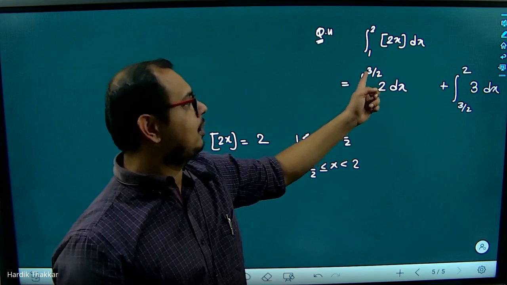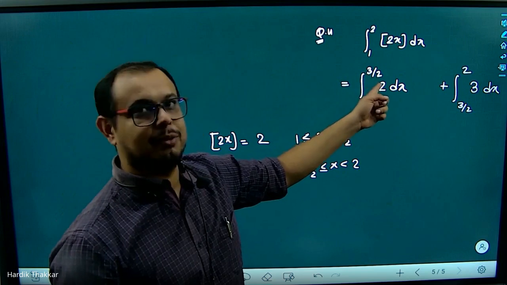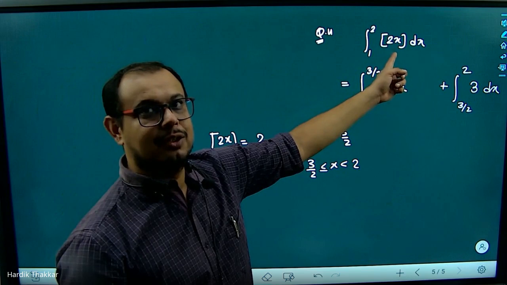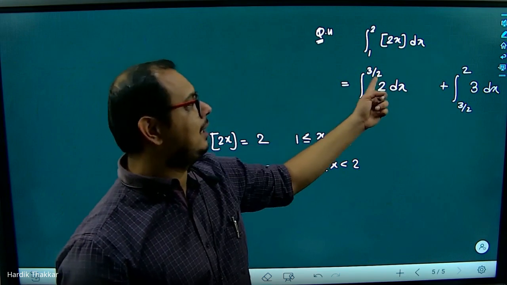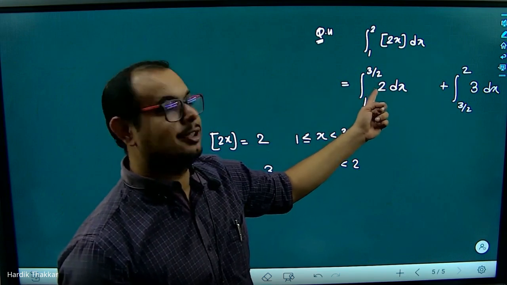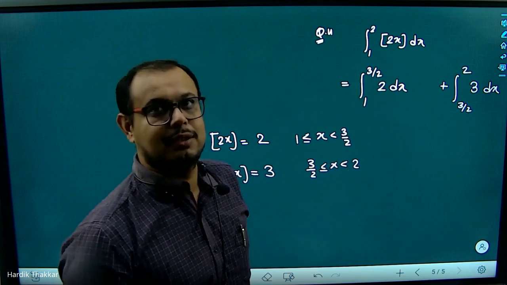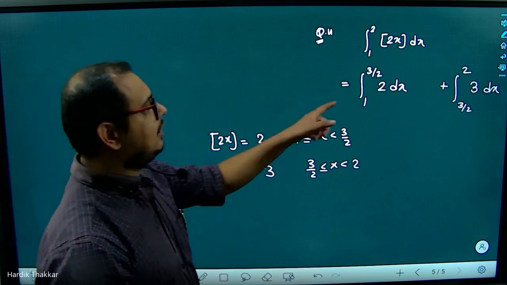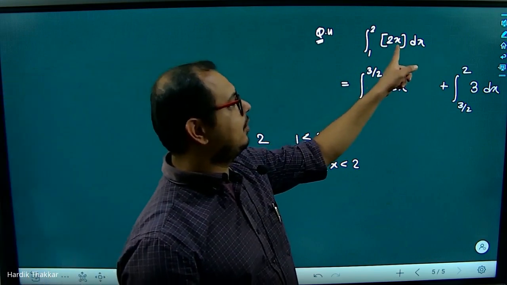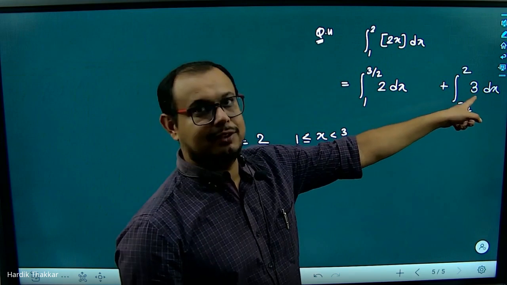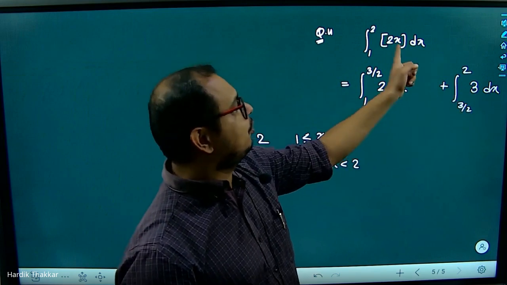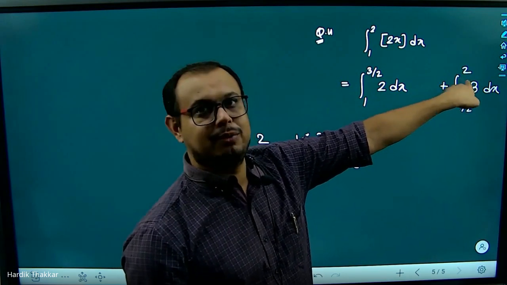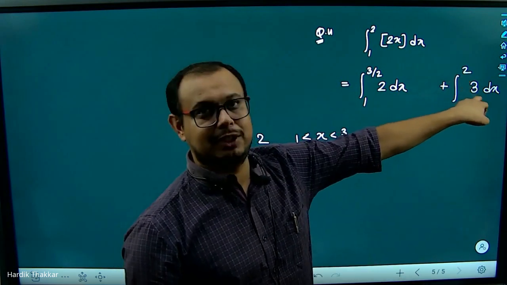For any number less than 3/2 you will get 2 only. When you put 3/2 its value will be 3, and up to 2, because if you put 2 it will become 4. So before 2 it will be 3.